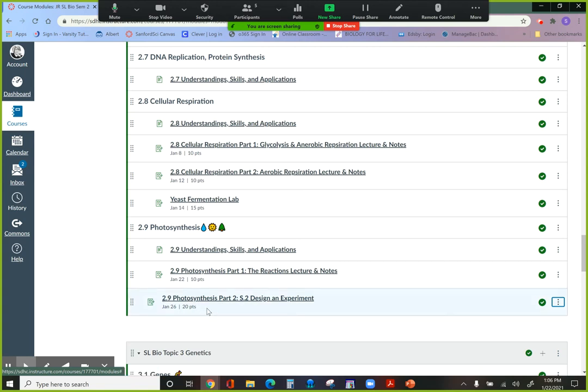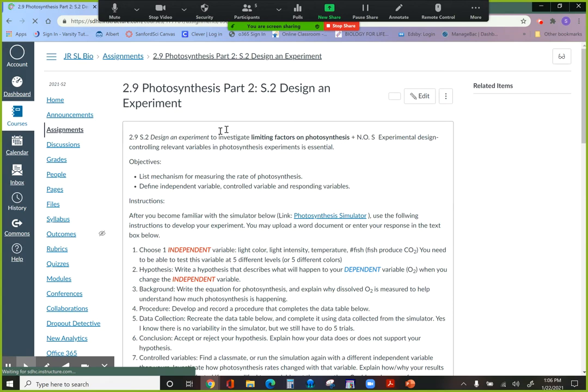And you'll see 2.9, photosynthesis part 2, S2, design an experiment. Go ahead and click on that. And this is what you'll see.